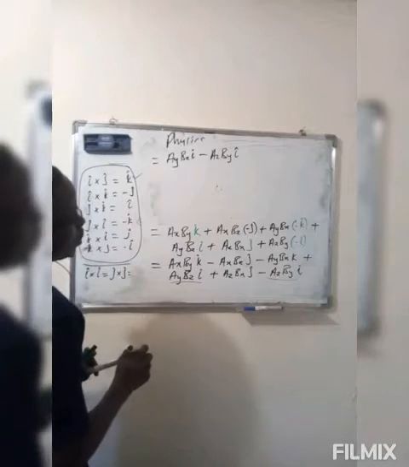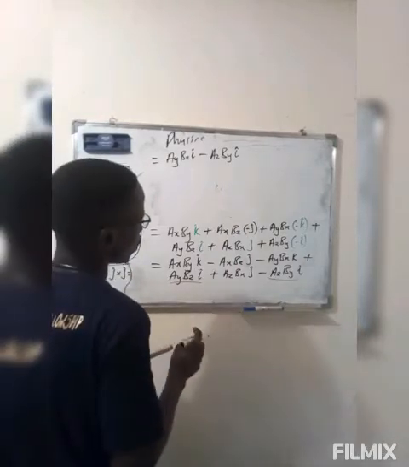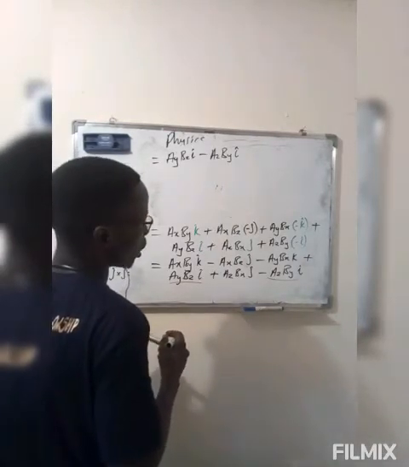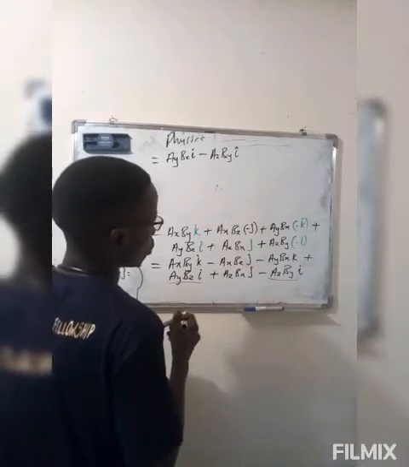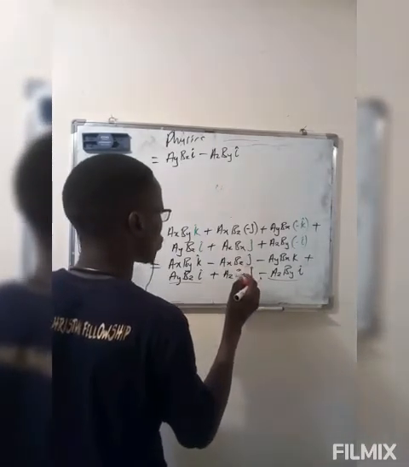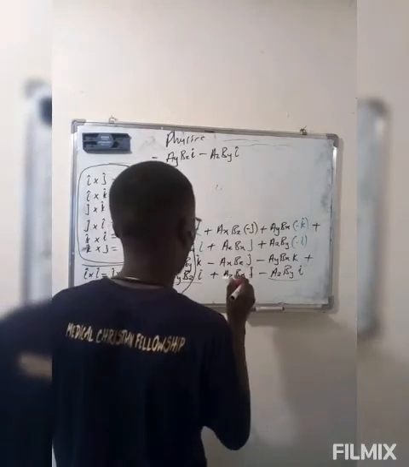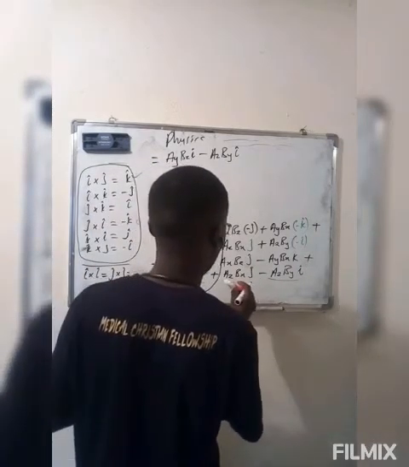Then we go to the next one. The next one with J and it's positive. So I'm going to get, which one? We have this one here. Okay, let me circle it.